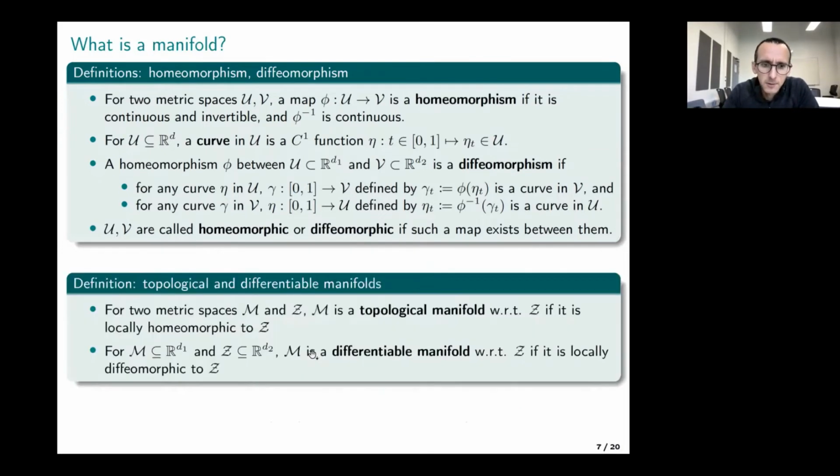Okay, so now that I've got those notions introduced, I can say what a topological manifold is and a differentiable manifold is. Well, in the context of metric spaces, M is a topological manifold if it's locally homeomorphic to Z. What do I mean by locally homeomorphic?